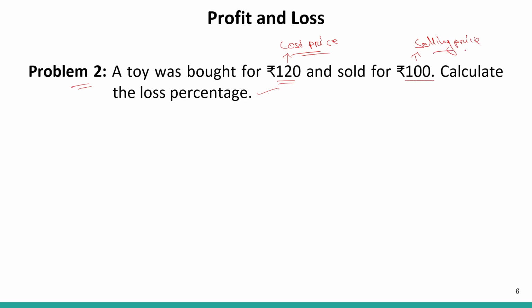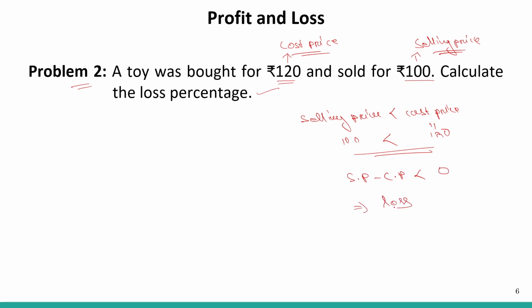Here I think you can guess we are having a loss, because selling price is less than cost price. Since 100 is less than 120, selling price minus CP is negative here, so this implies loss.